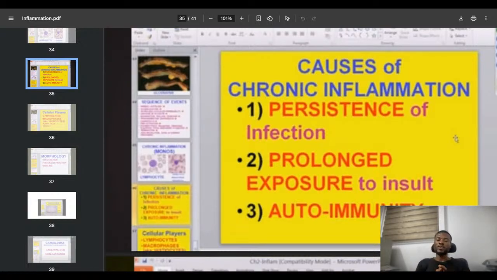So persistence of infection, or prolonged exposure to insult, or autoimmunity. Autoimmunity is a situation whereby the body's own immune system is fighting against the body's own tissues. So far as there are body tissues and there are body immune systems, and they have decided that they are not going to sit together in peace, you get a chronic inflammation.